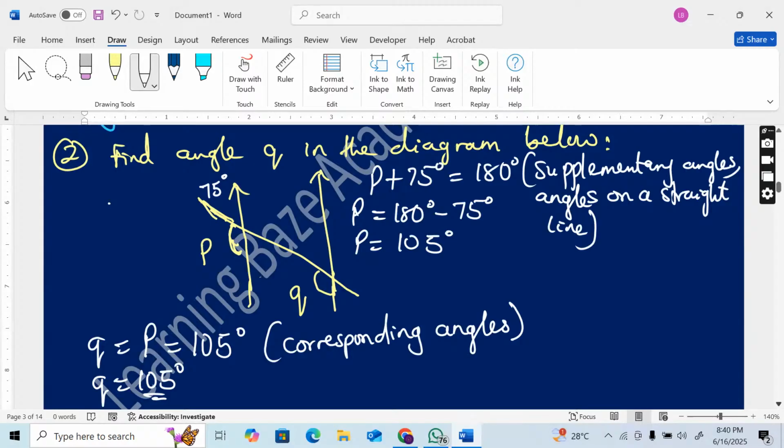All right, so that is what we call corresponding angles. If you're following me and you understand what is being taught, type 50 in the chat.